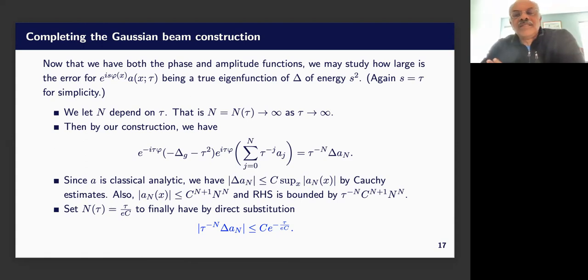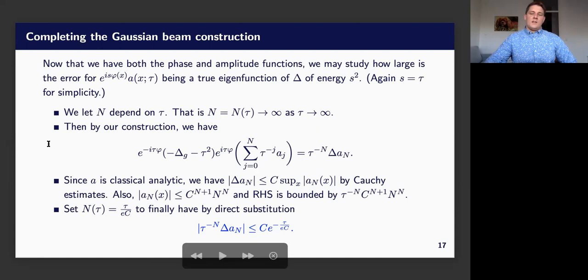Right. I see. So you did exact solutions for the phase, and then exact solutions for the amplitude, but you went only as far as capital N terms. Yeah. The point is that tau is the large parameter, and we fix tau, then we find capital N, so that we have this kind of dependence.